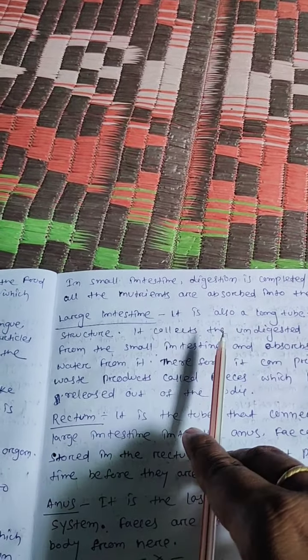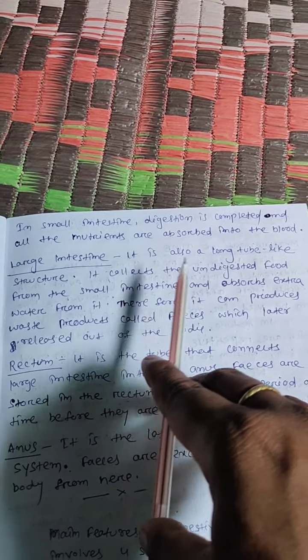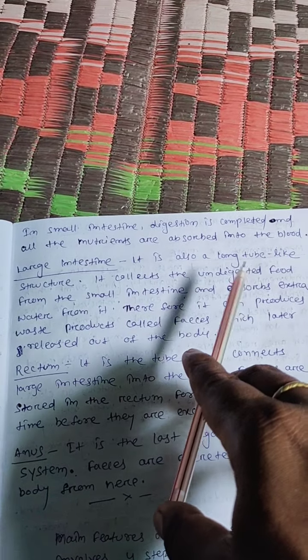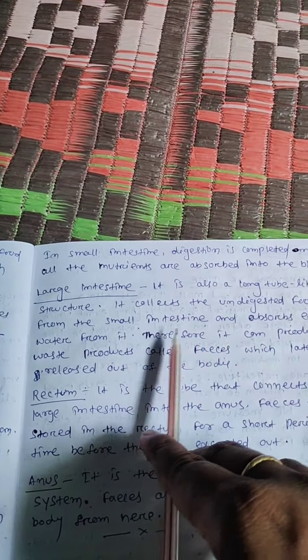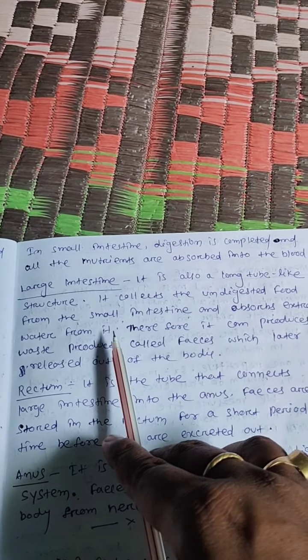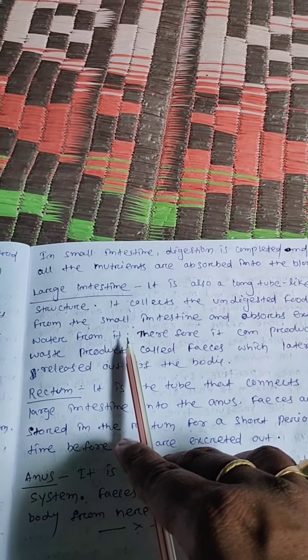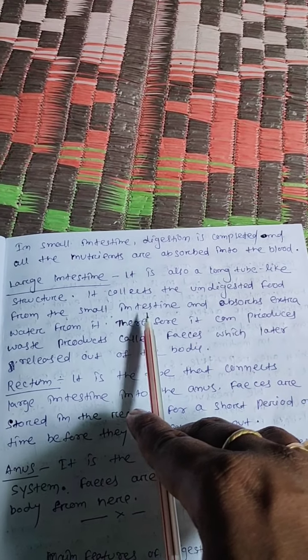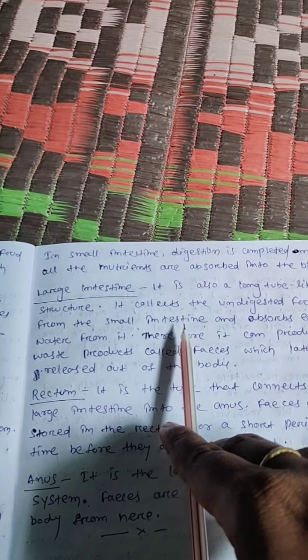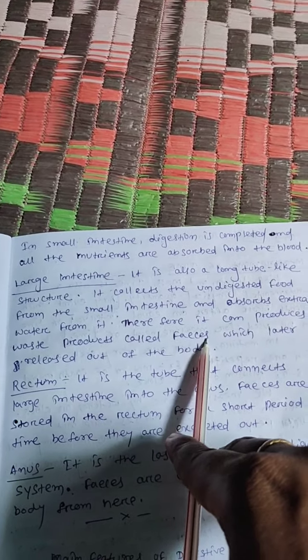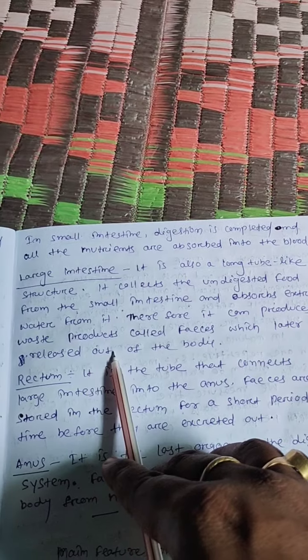Here the undigested food materials mix with water, make a medium sized paste, and then it produces a waste paste called feces, which is later released out of the body.